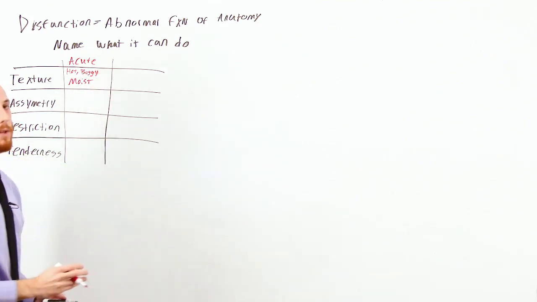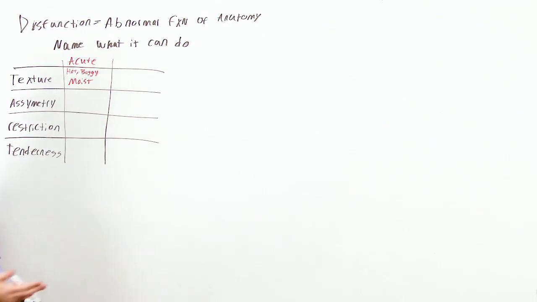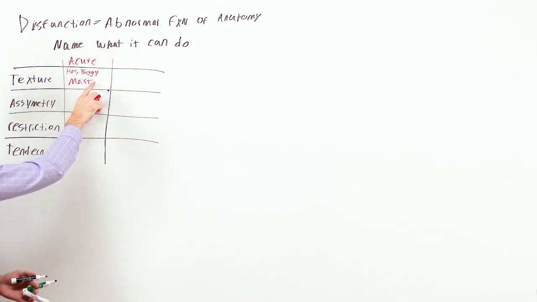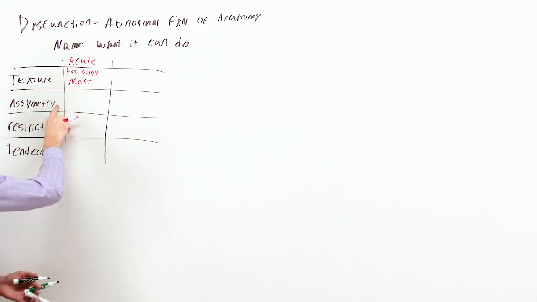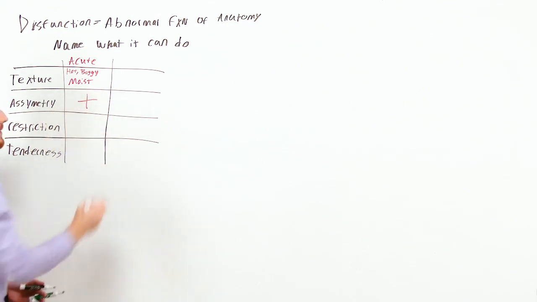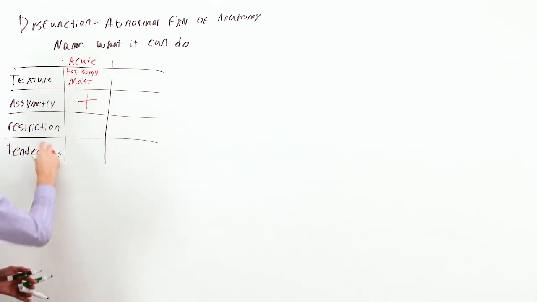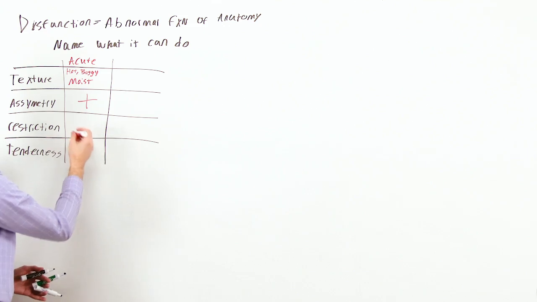So think about it as being brand new. It's still red hot. So the dysfunctional palpatory findings will be hot, boggy, moist when you palpate the skin. When you do your palpation, you're also going to feel asymmetry. So one side is not going to feel the same way that the other side will feel. It'll feel asymmetric.